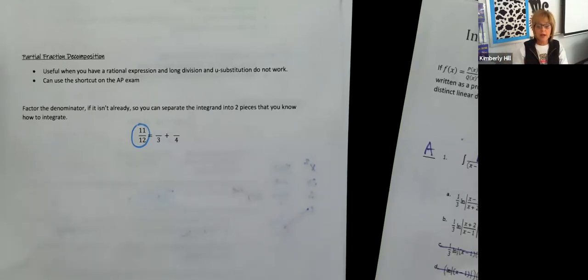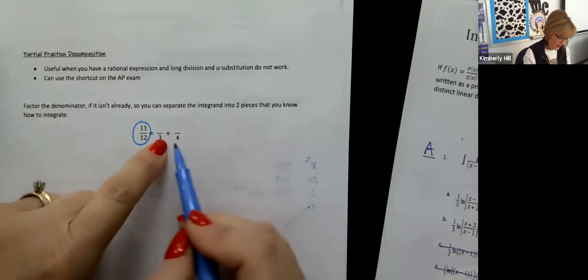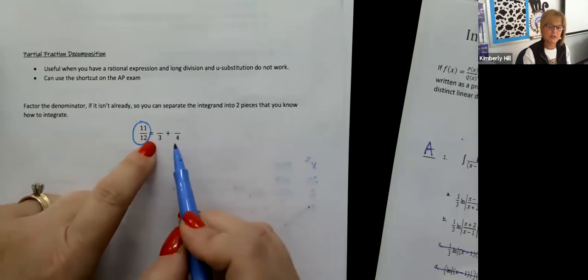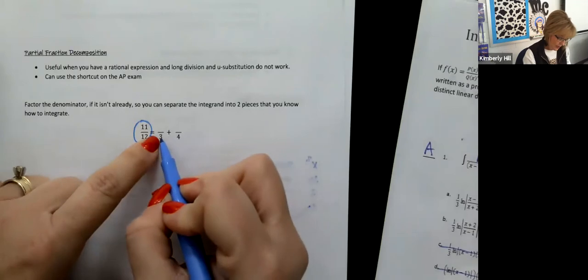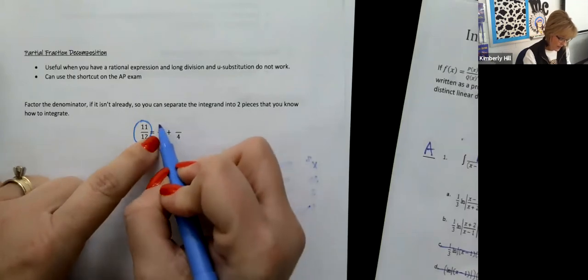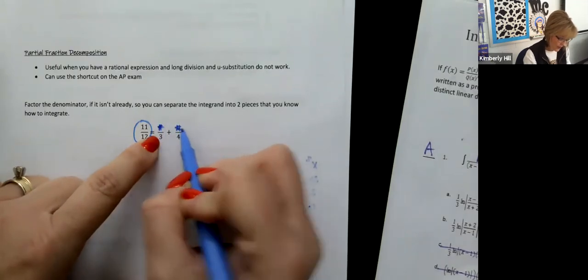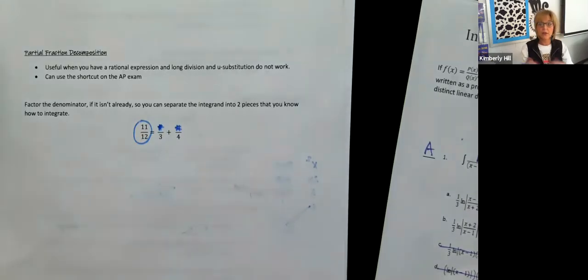We're allowed to break apart anything as long as we do it mathematically correctly. What would I have to put on top here? What number would go here so that these are equal? That's what you're going to be looking for today. We factor our denominator and break it into pieces, and find what number can go on top that makes it all equal.